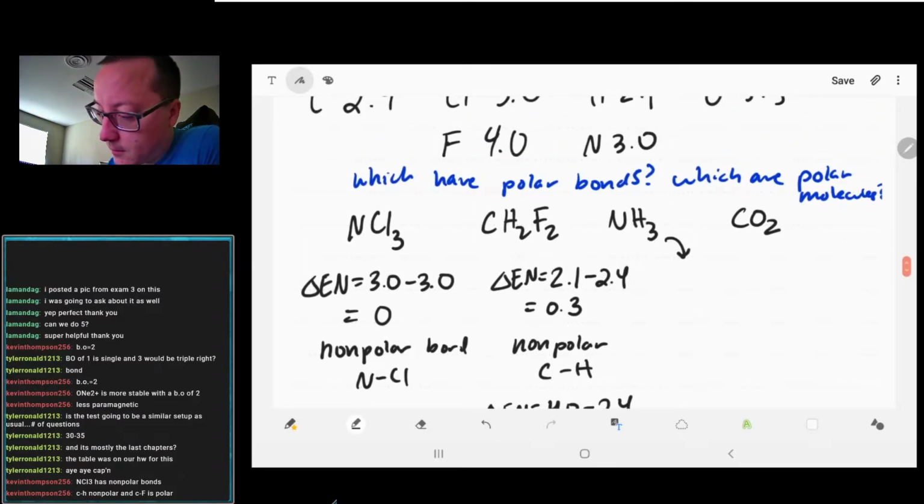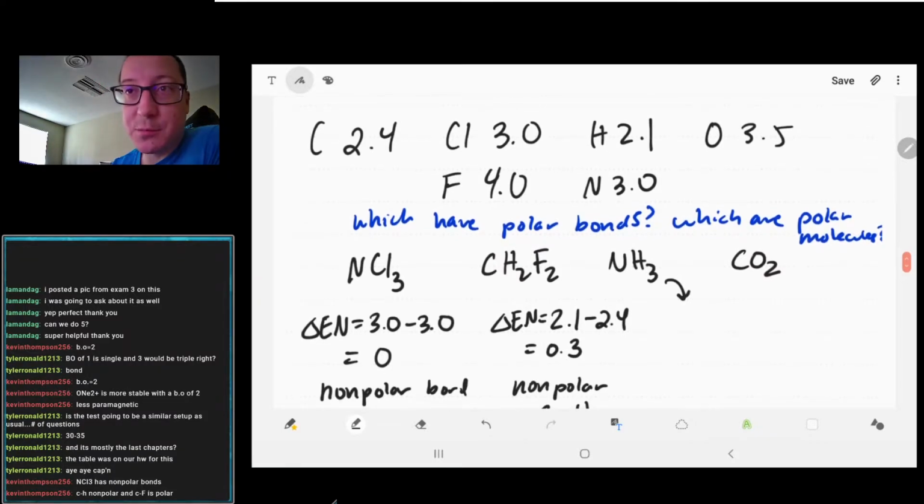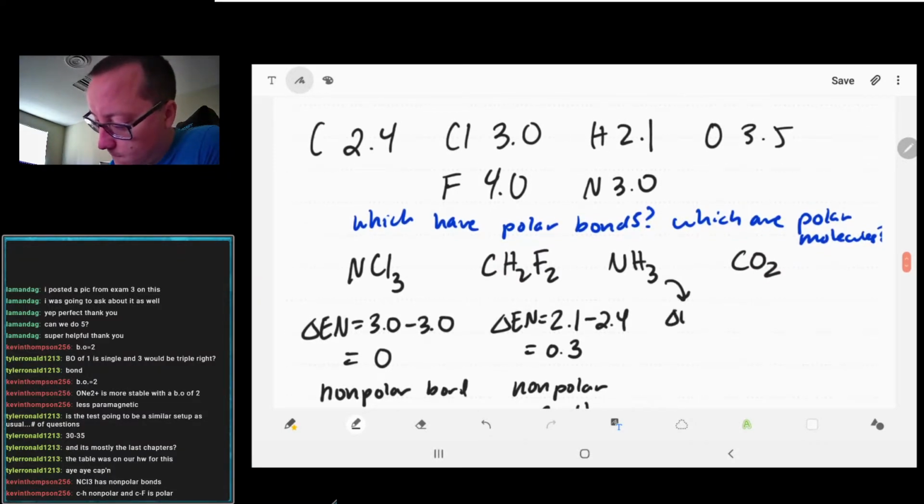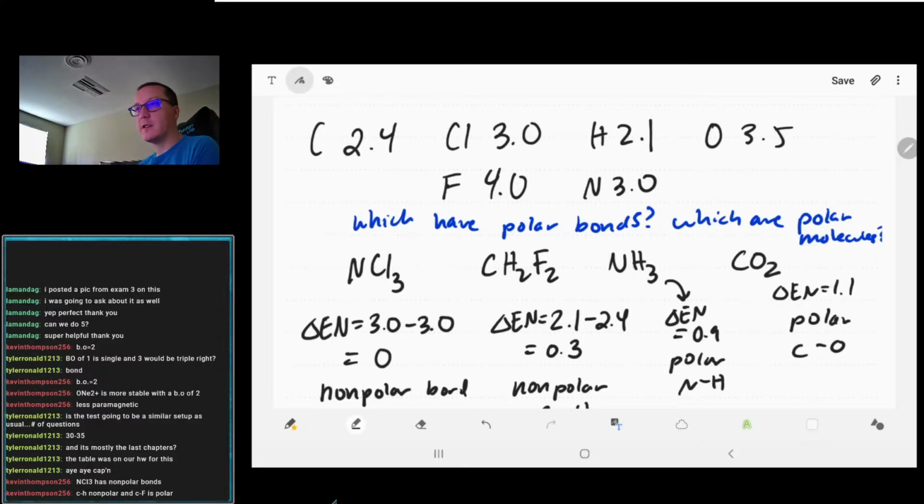NH3, we're going to see we have a difference of 0.9. So that is a polar bond. And for CO2, we have a difference of 1.1, and so that will also be a polar bond.